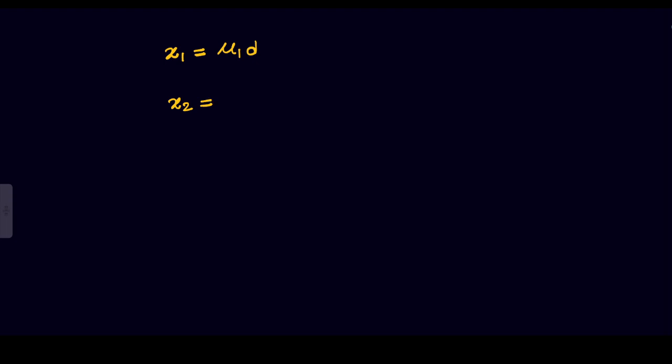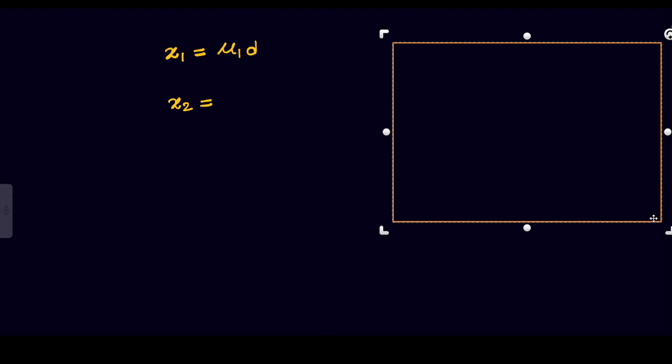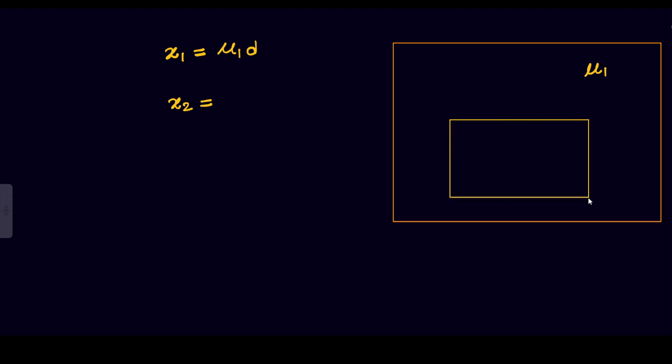So here we have one medium, and the refractive index of this complete medium is mu1. Inside there is one glass slab, and its refractive index is given as mu2.